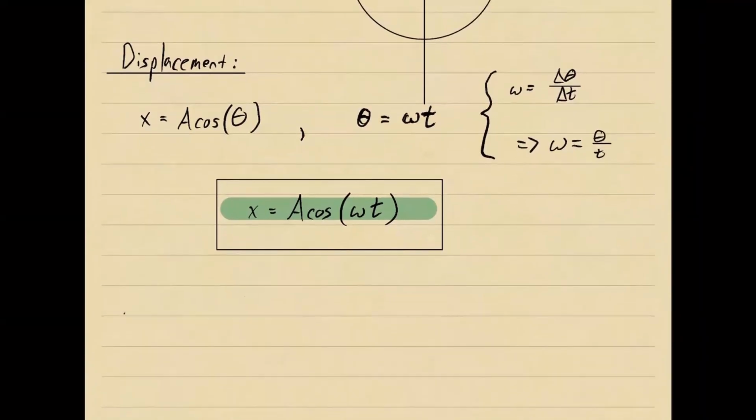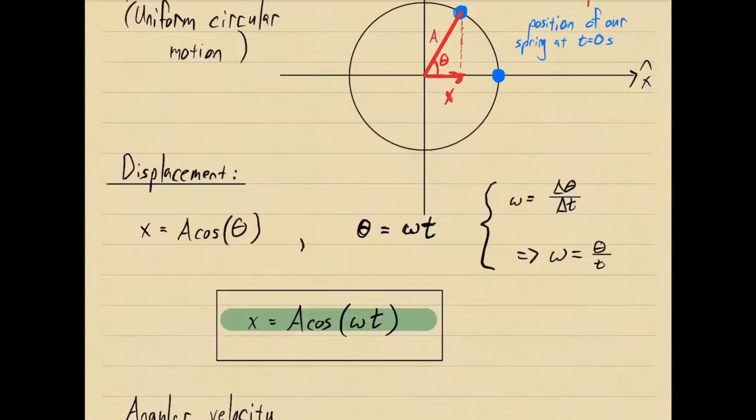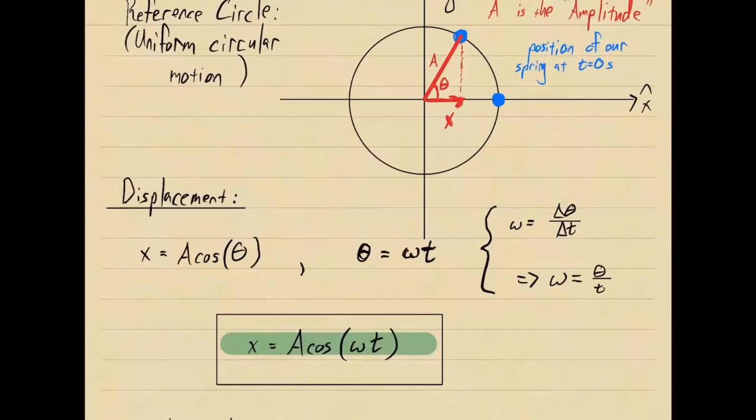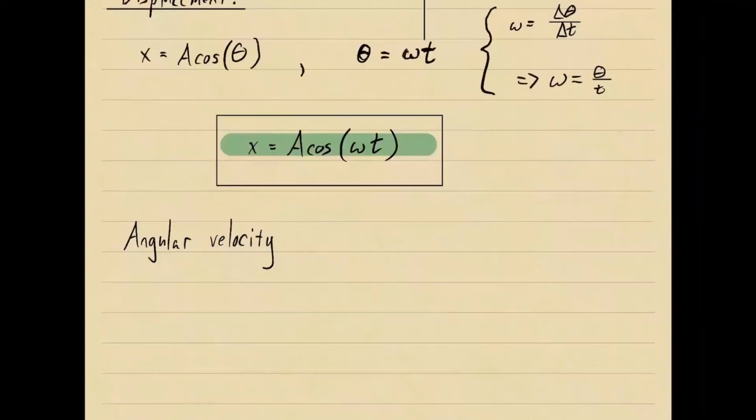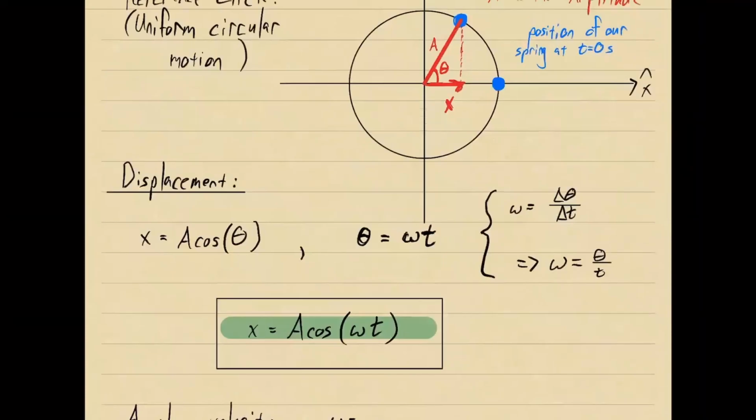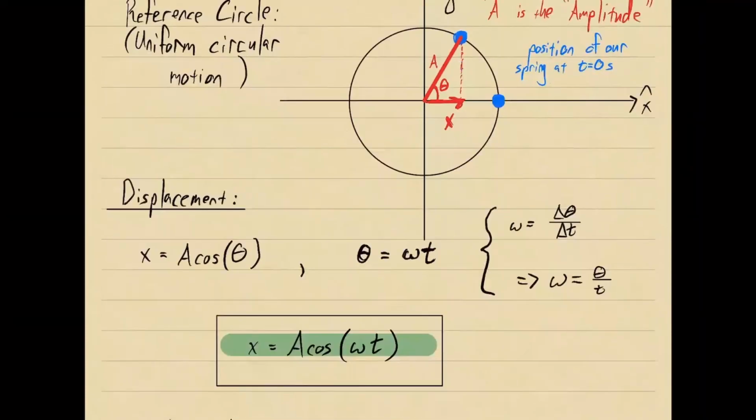So this angular velocity of us going around this reference circle, to help us describe the motion as we undergo simple harmonic motion, is just how long it takes us to go around once.